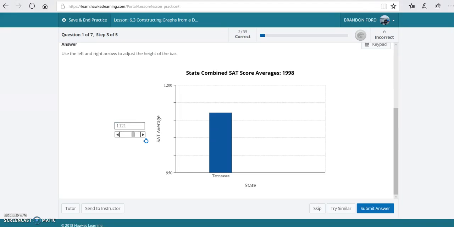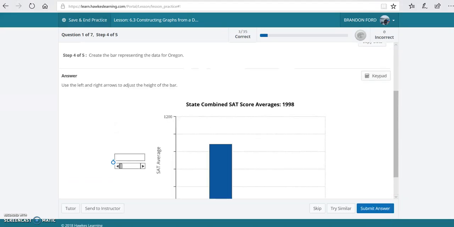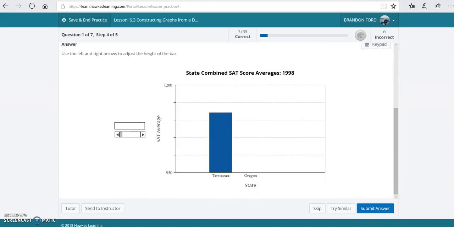A little lower, we could do that too, but it's probably easier if we just type that in. And then for Oregon, well, Oregon is 1,056. There's our Oregon.